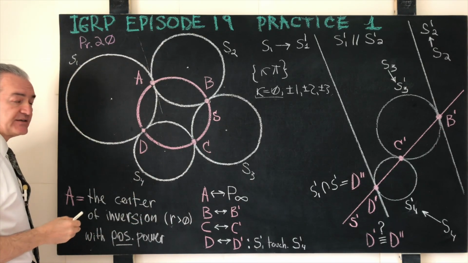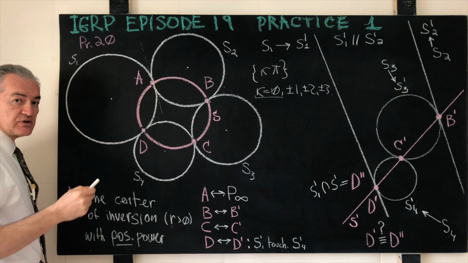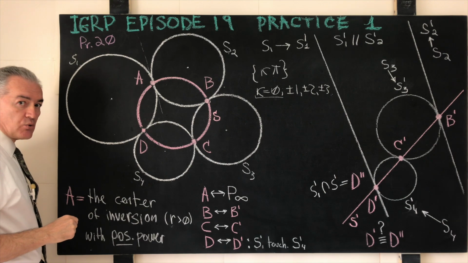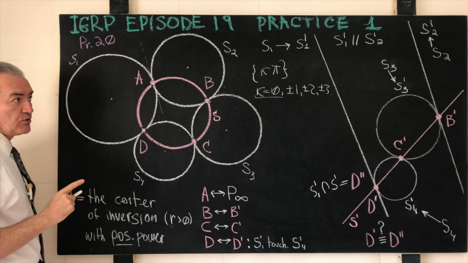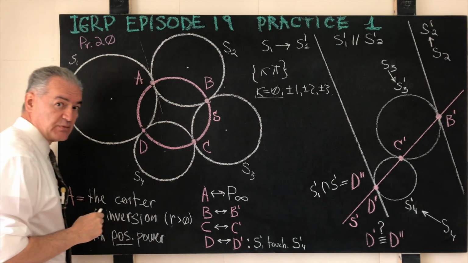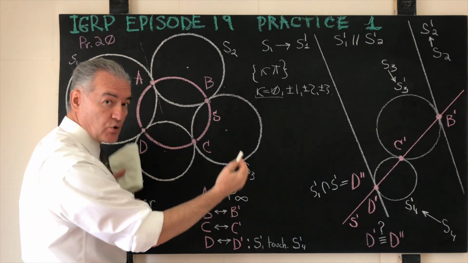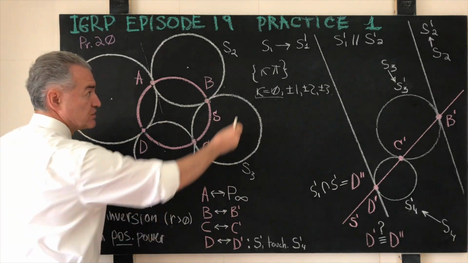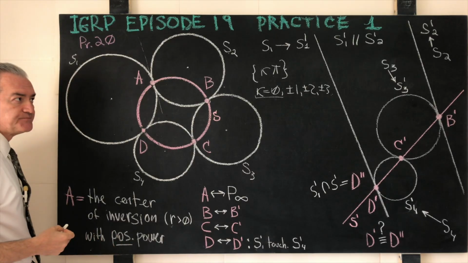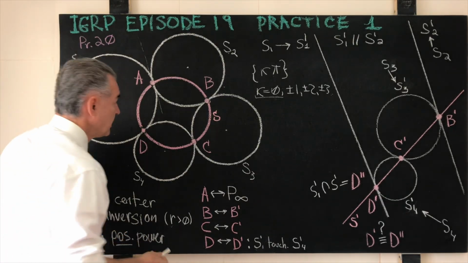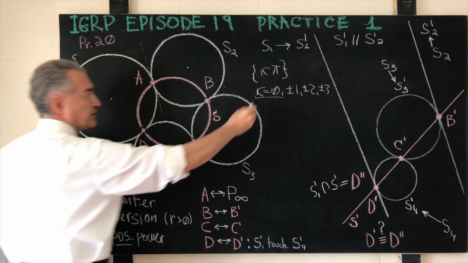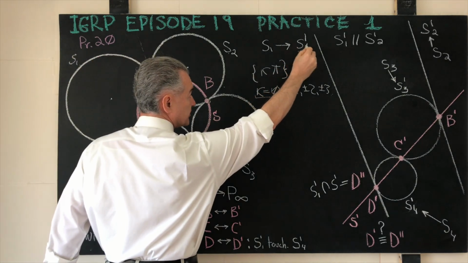And that means that since any inversion of the real plane with respect to a circle with either positive or negative power preserves the magnitude of the angles between the cooperating objects, the angle between the images of these objects will also be the same, which is 0 degrees or plus minus pi, depending on how we want to count this. And that precisely means that the circle S1 will be taken into a straight line S prime 1.